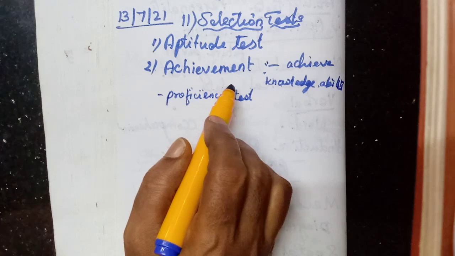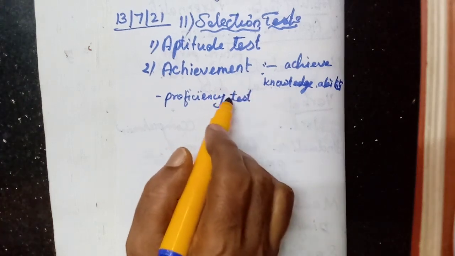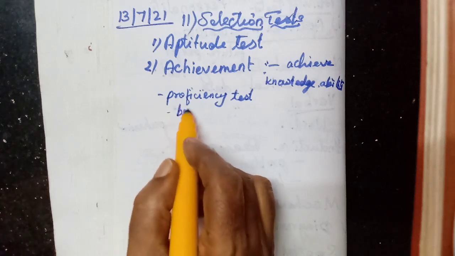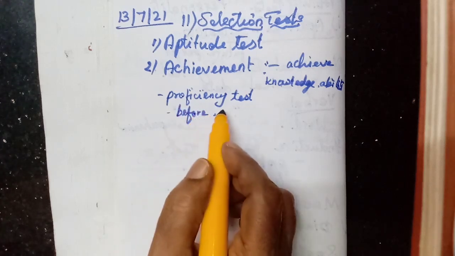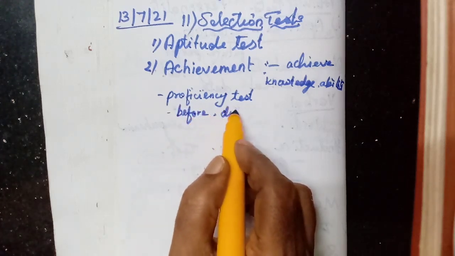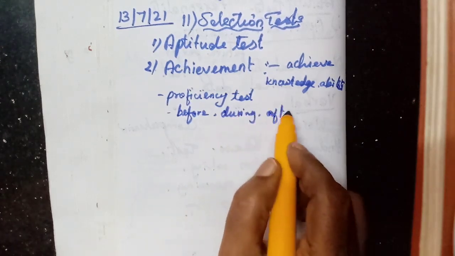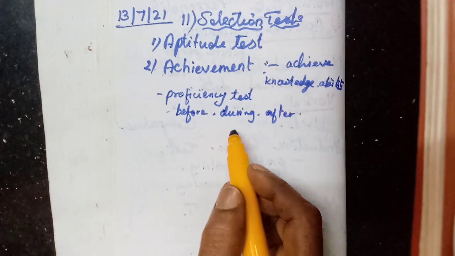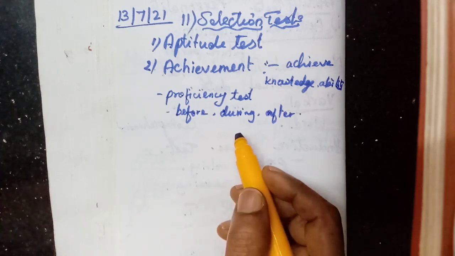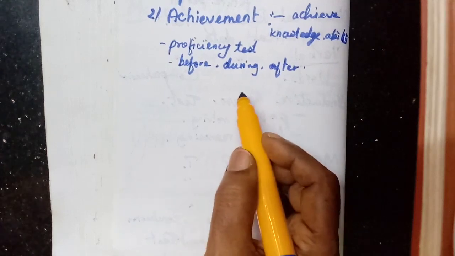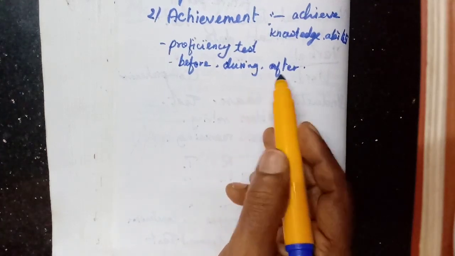Here this test may be conducted either before a work experience, or during the experience, or after the experience. One experience will be given, and that may be tested in the beginning, or during the experience, or after.